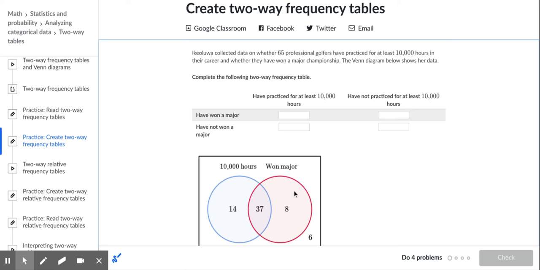Practiced 10,000 hours and won a major championship, and 8 won a major championship without practicing 10,000 hours, and 6 have done neither of those things. So we can use this information to make our table.